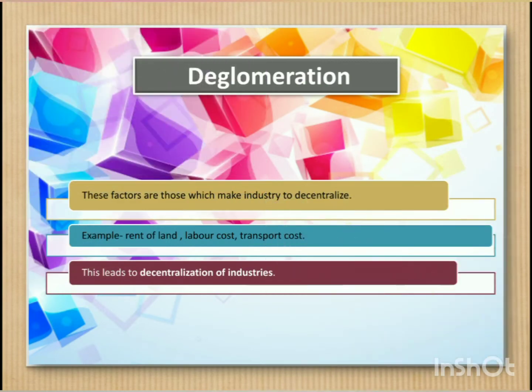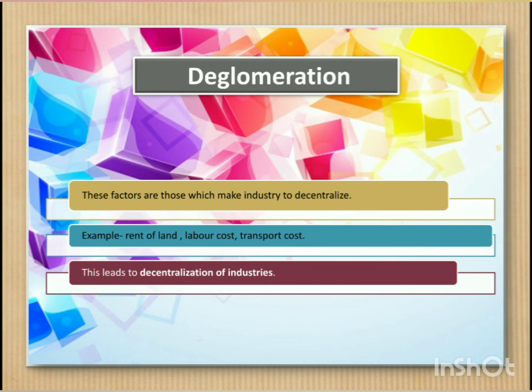Next factor, deglomeration. Deglomeration is opposite to the agglomeration. The deglomerative forces such as high cost of land, high rent, pollution, etc. are likely to operate after a certain stage of localization of industries at a place.